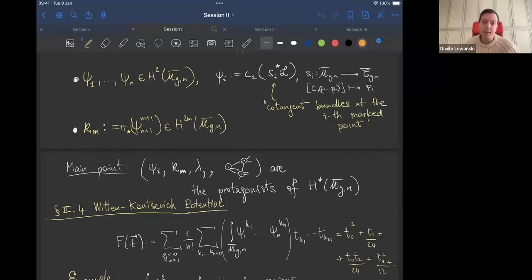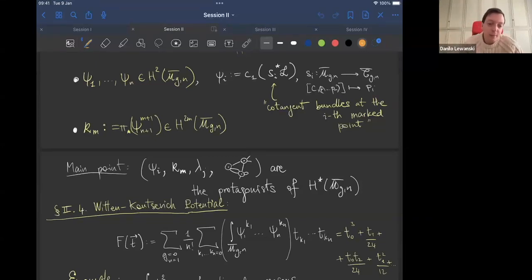So these are very, very important guys, and are the main protagonists of this Witten-Kontsevich story. The main reason why you want to consider cotangent bundles and not tangent bundles is that you want the result of the intersection to be positive. So you don't want these minus signs roaming around all the time.